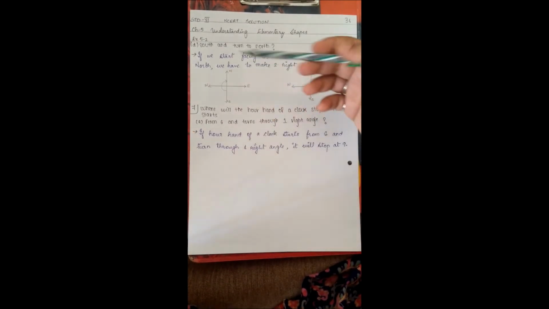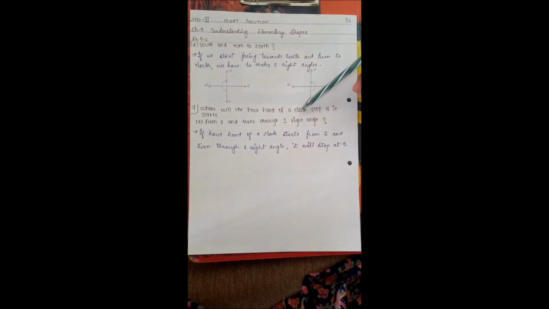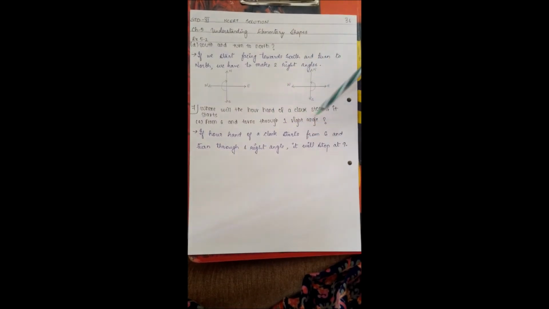Now the next question is the 7th one. Where will the hour hand of a clock stop if it starts from 6 and turns through one right angle? If the hour hand of a clock starts from 6 and turns through one right angle, it will stop at 9. So from 6 to 9, only one right angle is formed.